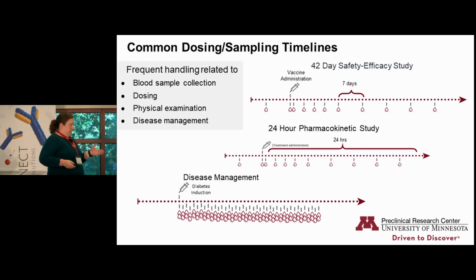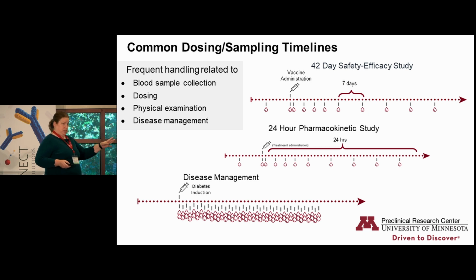And so think about that, and then think about these, which are just some examples of some very common dosing and sampling timelines that we see in the NHP world. The top one is a 42-day safety efficacy study that has multiple sampling time points across those 42 days. There's a 24-hour PK study where there's multiple samplings within 1 day, which can be really intensive for the animal.